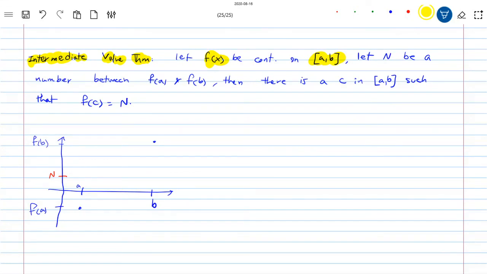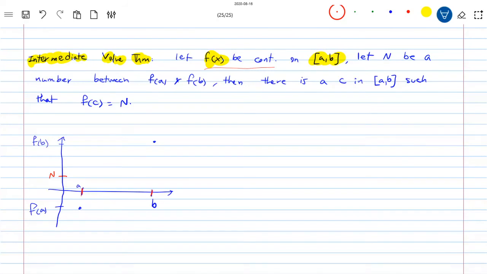Okay. So we assume we have a function over this specific interval a to b. And what is the property of that function? We say the function is continuous, so there is no jump in the function. The function might behave something like this. As long as there is no jump in it, it doesn't really matter.